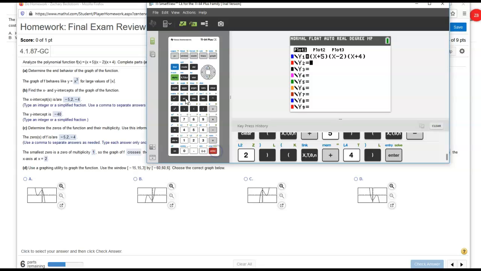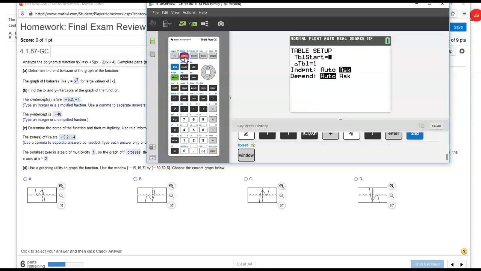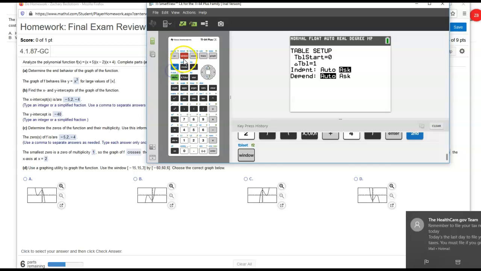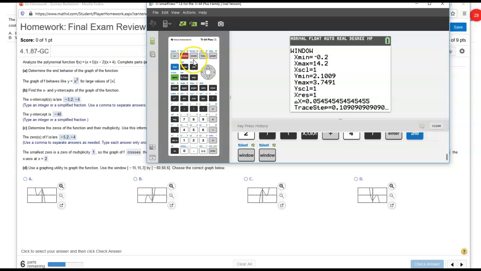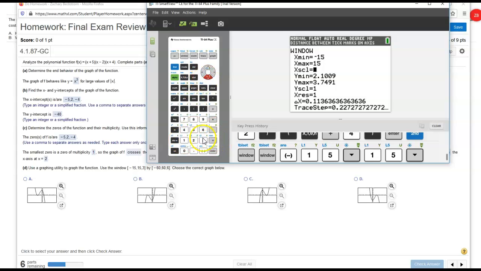Alright, so if I put that in there, I'm going to go up to my window, second window. And what I'm going to do now is change the viewing window to what it says there. So my x's go from -15 to +15 by a scale of 3.